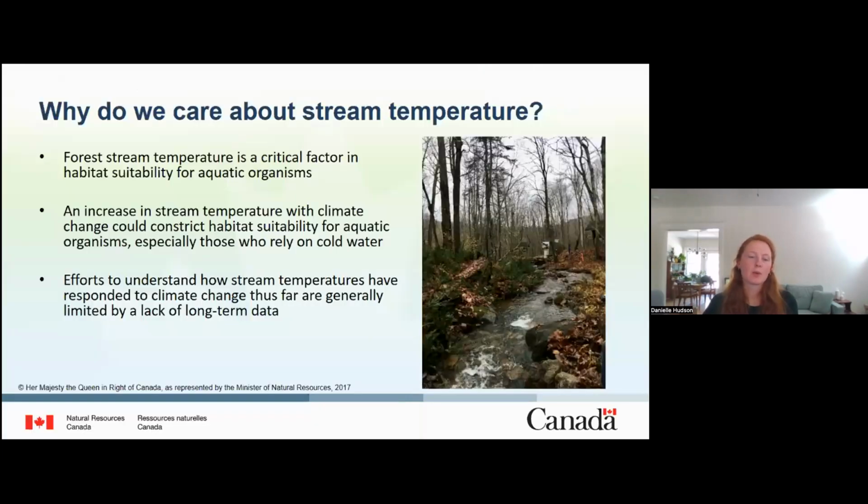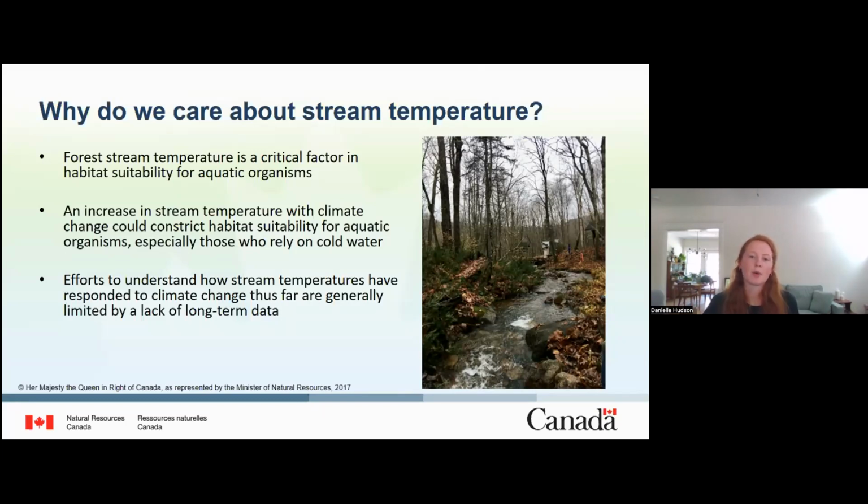So just to frame this work a little bit, we heard a bit about it in the last presentation, but why do we care about stream temperature? We know that forested streams provide habitat for a wide variety of aquatic organisms, and it's a very important parameter for determining that habitat suitability.